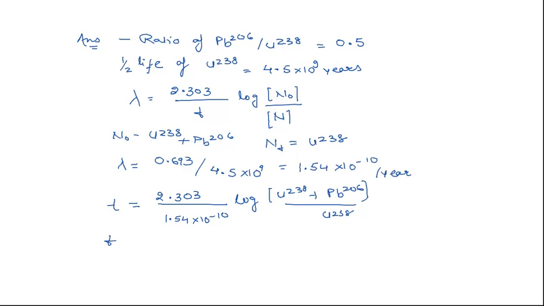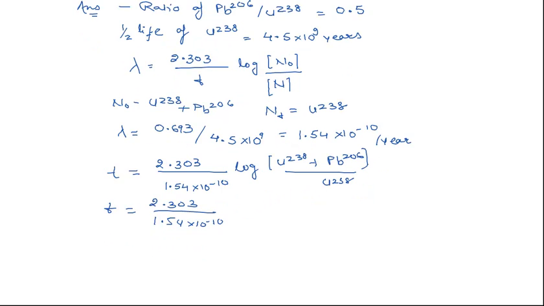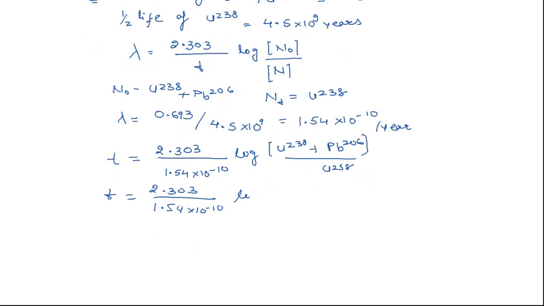Now can we write it like this? t is equal to 2.303 divided by 1.54 × 10^-10, and log of 1 plus Pb-206 divided by U-238. Now this ratio we have.